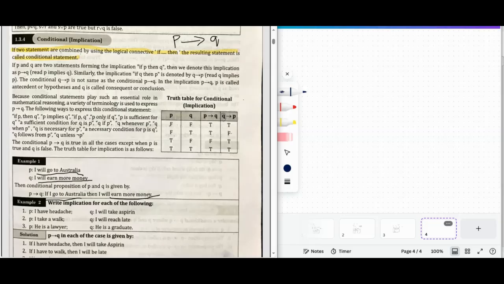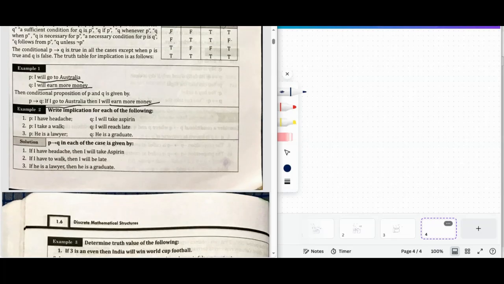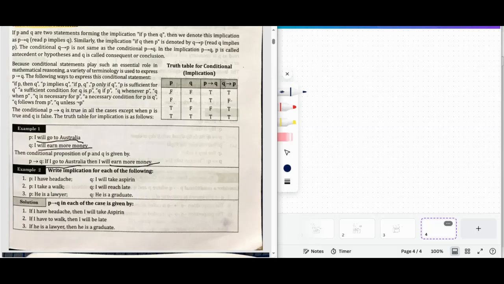So we can take this as an example for the question, and we will solve this. We have: I have a headache, I will take aspirin. So how do we write it in the conditional form? If I have a headache, then I will take aspirin.